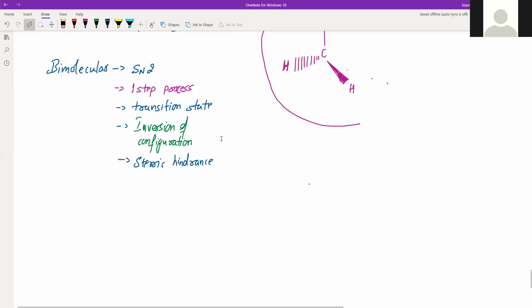Okay, now, that was most of the things we have already discussed about the SN2 mechanism. In the SN1 mechanism, the reactions are generally carried out in polar protic solvents such as water. Let's move to the next one, that is unimolecular.